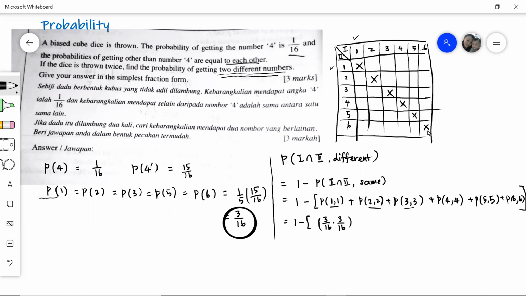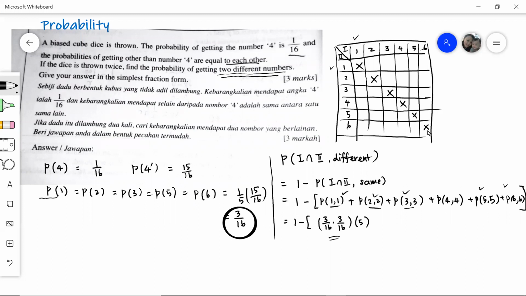That means we multiply 3 out of 16 times 3 out of 16, and then we add them. This multiplication happens 5 times, for 1, 2, 3, 5, and 6. Therefore, we times 5.